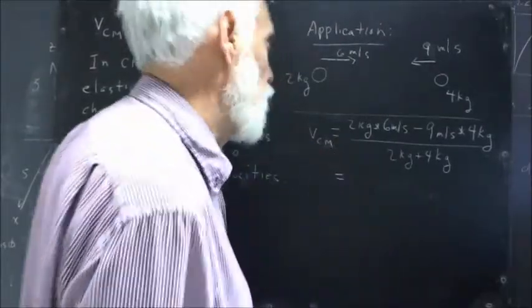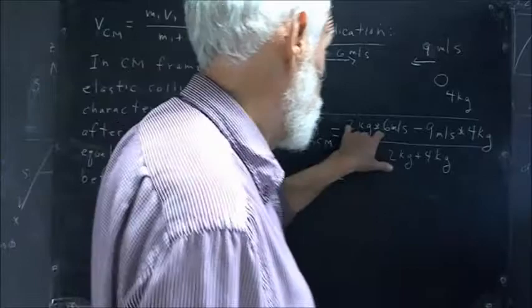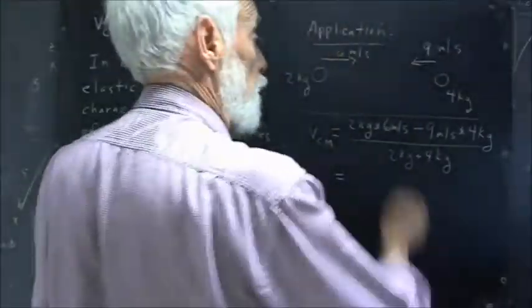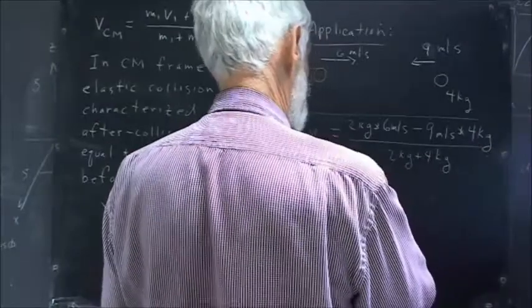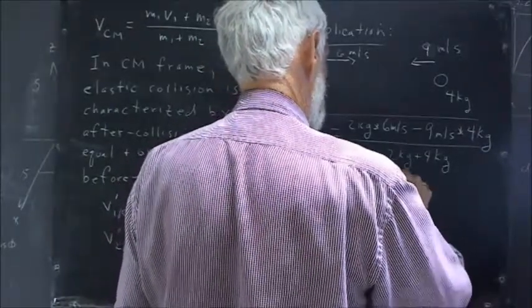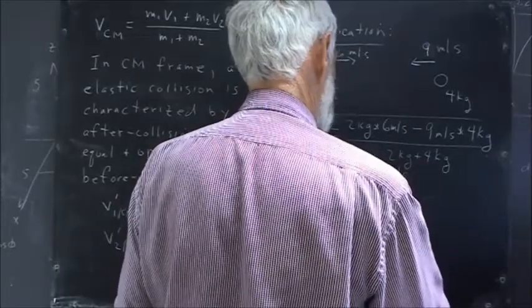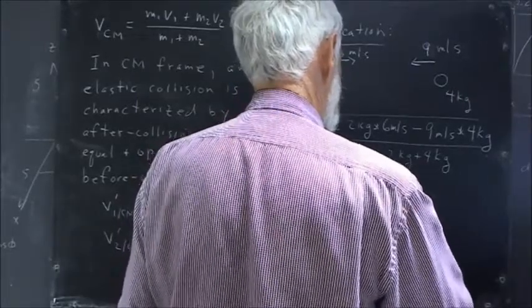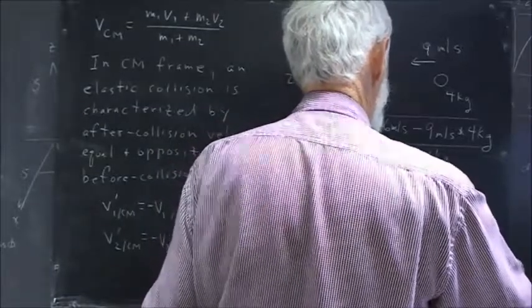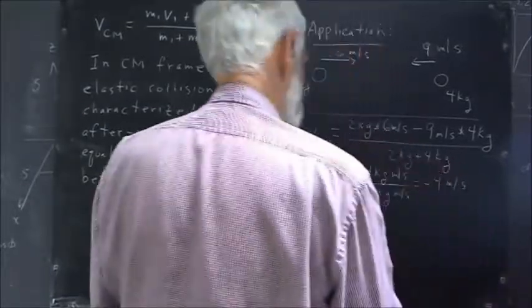And that equals what? Well, that's 12, and that's negative 36, so that's negative 24 kilogram meters per second, divided by 6 kilograms, which is equal to negative 4 meters per second.